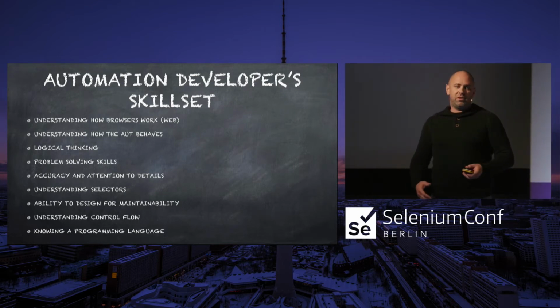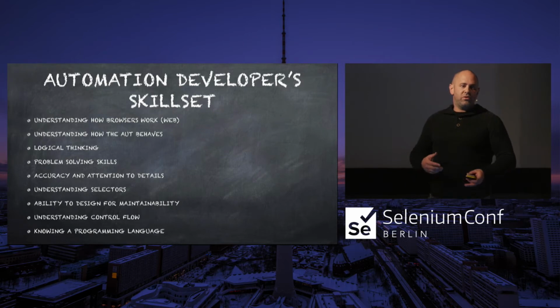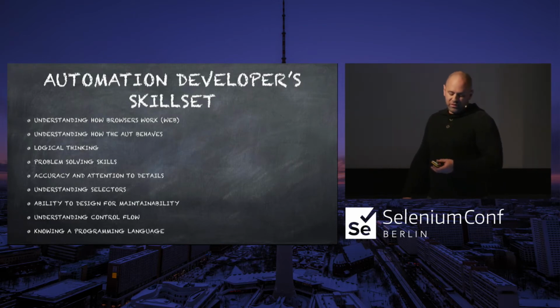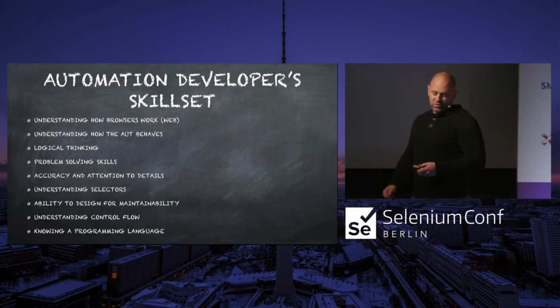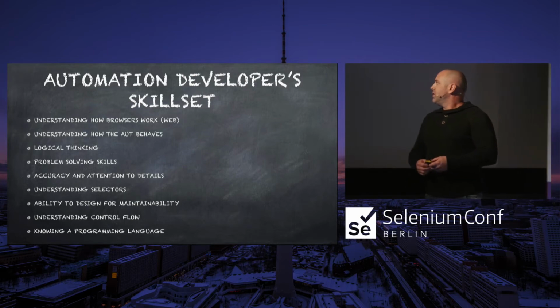You have to understand your application, you have to understand different conditions, how to trigger and reach interesting states in the application. Now, you have to have logical thinking in order to understand the conditions that are required to create valuable tests, problem-solving skills, accuracy, and attention to detail.